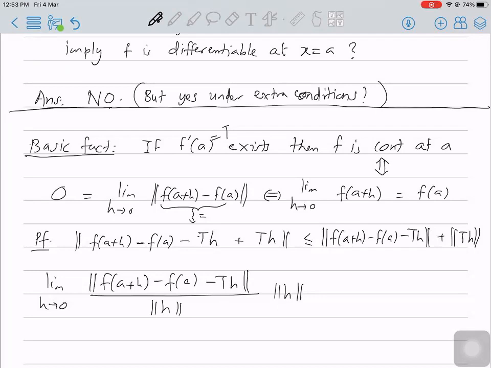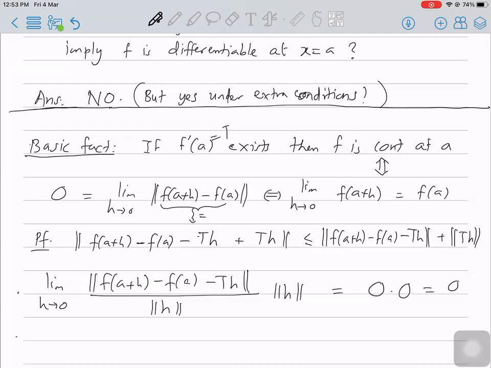It's 0. So the whole thing is 0 times 0, so this is certainly 0. The point though is that I do need to have this division by the norm of h, because that's the limit that I know to be 0. So I'll just say 0 times 0, which is 0.